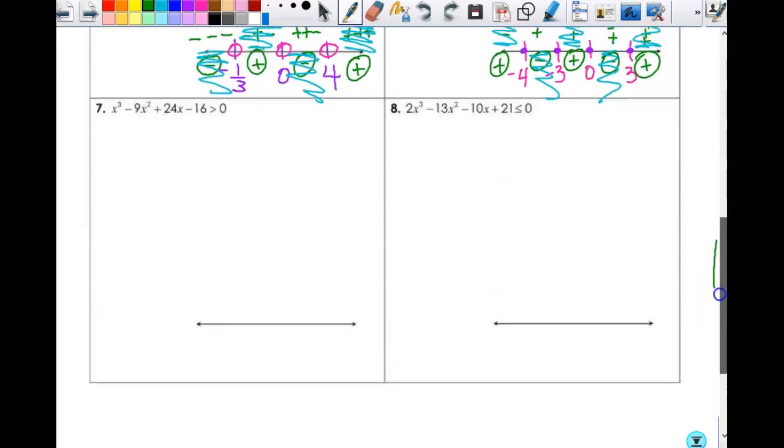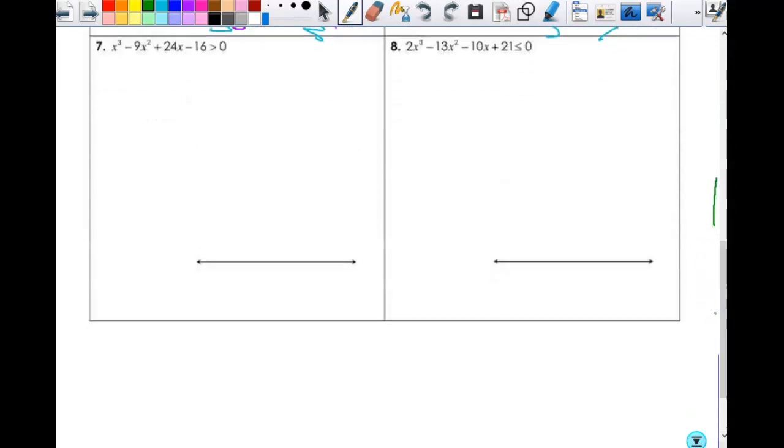Okay, so what's happening? Well, you can't factor it by grouping, right? So if we can't factor it by grouping, what do we do? The cubic formula doesn't exist. Or we can try to force it into the quadratic formula, which some people did.